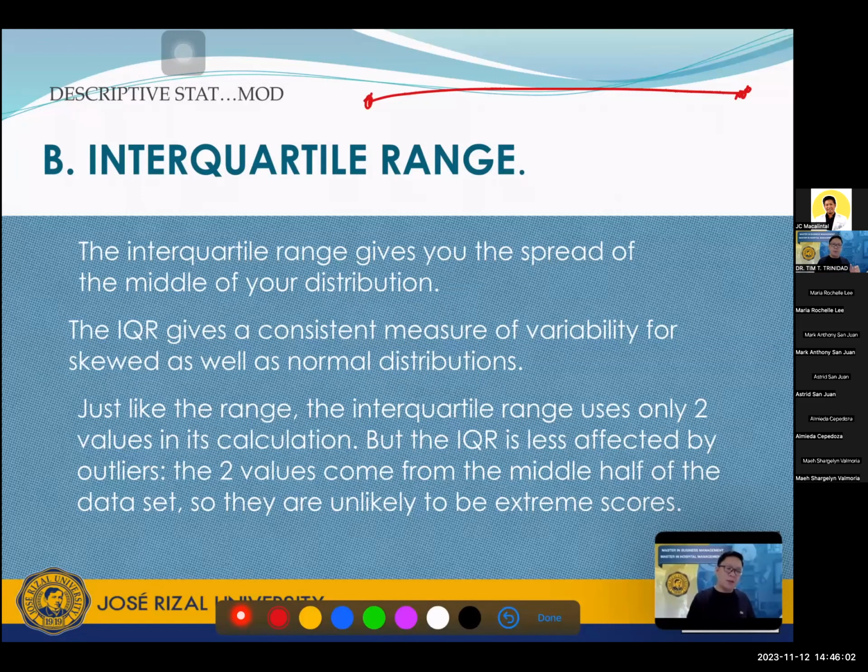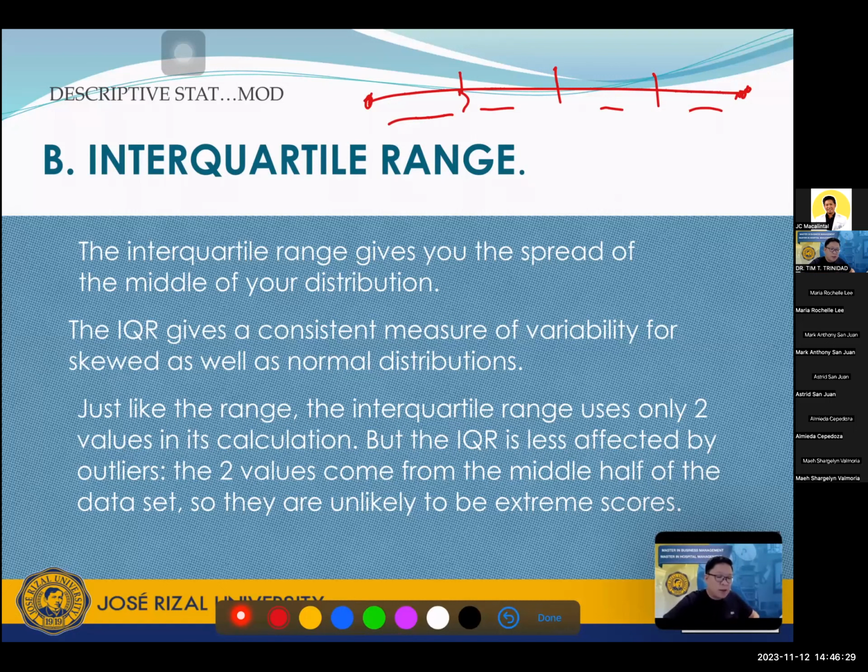So if we make it into an interquartile range, meaning we will divide this spread into 4 quadrants, it would be more specific. We will know the values in between. So it will be better than just simply using your range. So what is an interquartile range? We already discussed this, right?